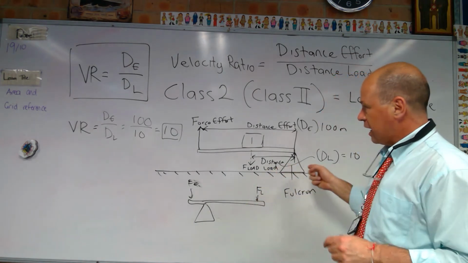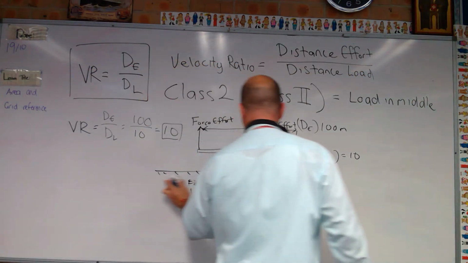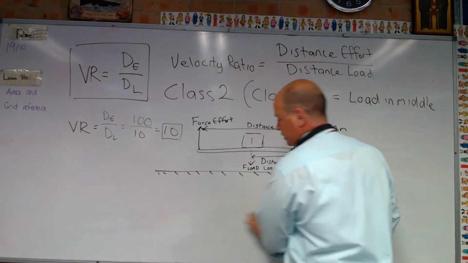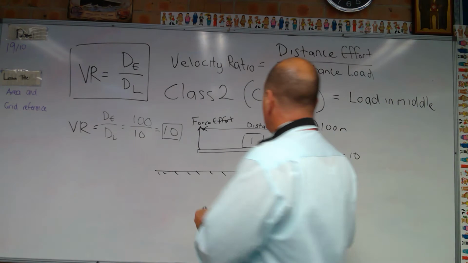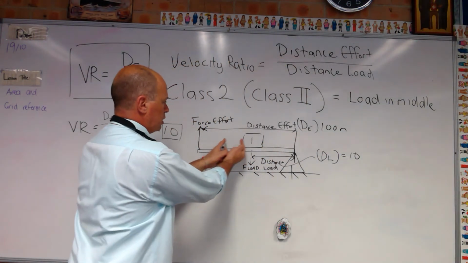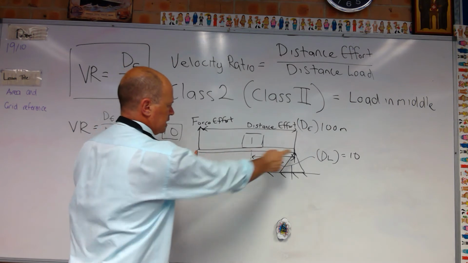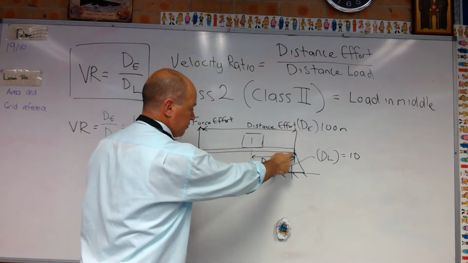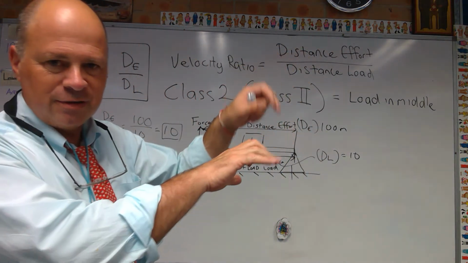But for our class 2 lever, our velocity ratio is always going to be 1 or greater, because you can only move your load as far as a distance. So you can have a distance of load that's equal to your distance of effort. 1 over 1 equals 1, or 100 over 100 equals 1.